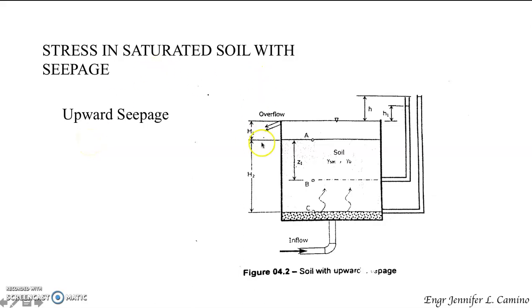So for this illustration, there is a hydraulic gradient between 2 points. Of course, the hydraulic gradient between any 2 points is the slope of the hydraulic head between 2 points. Basically, there is a head, a difference in elevation of the water surfaces between 2 points.